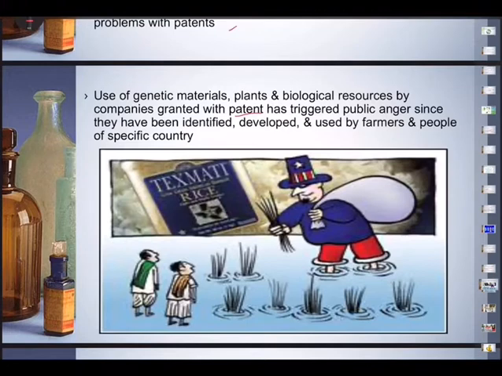When patents are granted for biological entities and for products derived from them, these patents are called biopatents.